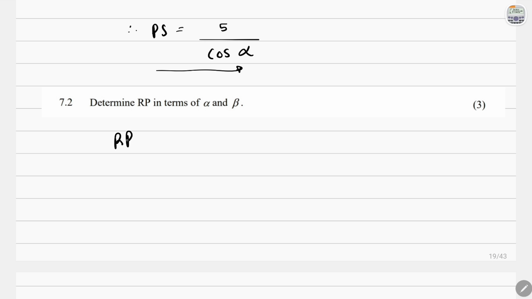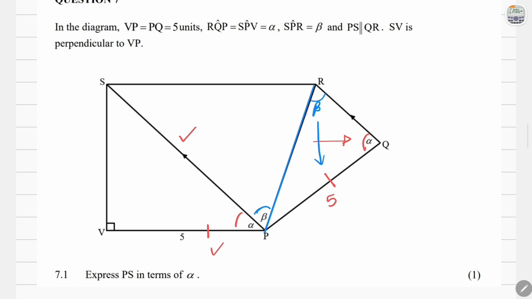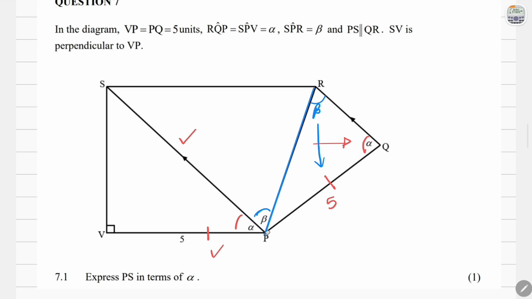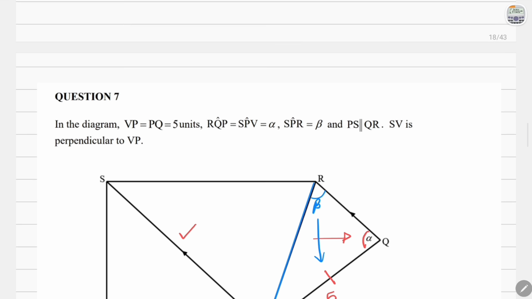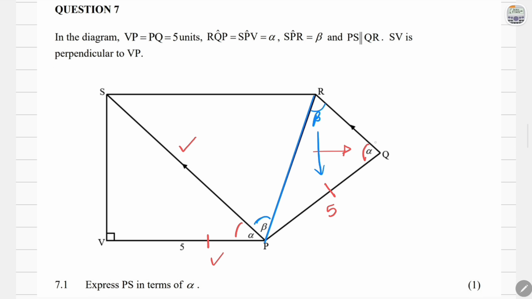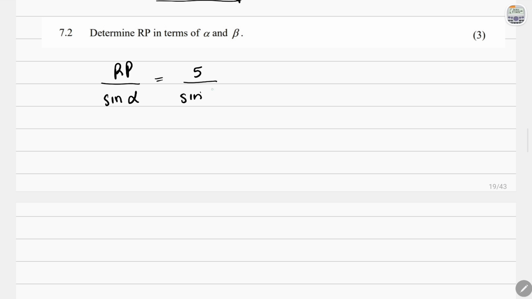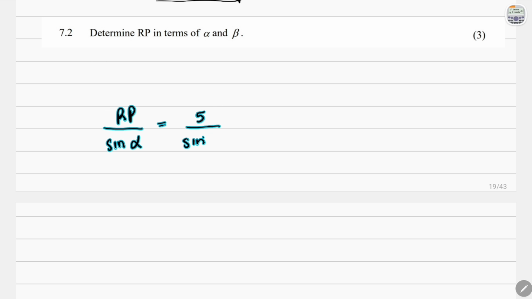We can say RP over sine of the angle opposite it, so RP over sine alpha, which is equal to PQ, which is 5, over sine of this angle, which we still have to tell them what it is. This is QRP or PRQ. So we have to tell them that PRQ is equal to beta as well, because we have alternate angles.